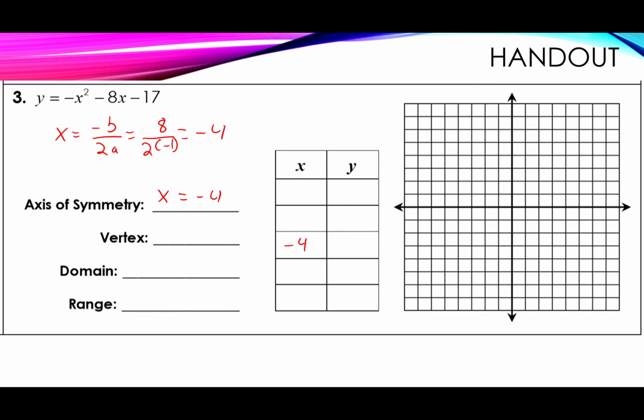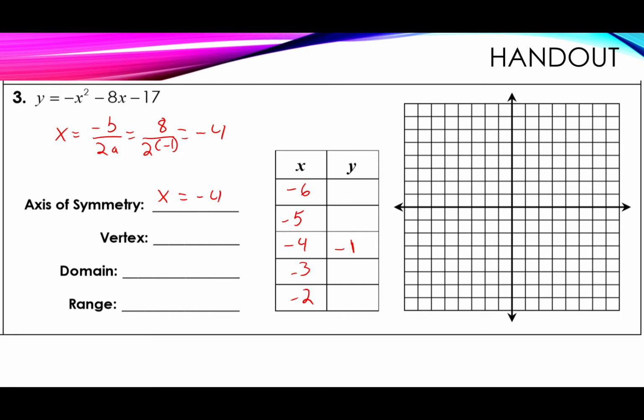So -x² minus 8x minus 17. That's in my y equals. Now I'm going to go to my table, second graph, and I'm going to find -4. Well, at -4, the y value is -1. And so look, the 2 points before that are going to be -5, -6, and the 2 points after that are going to be -3, -2.